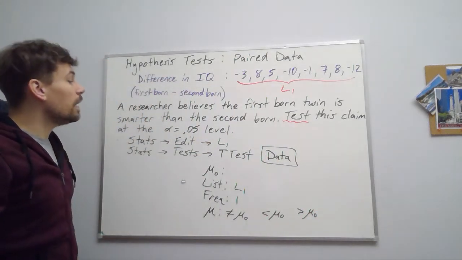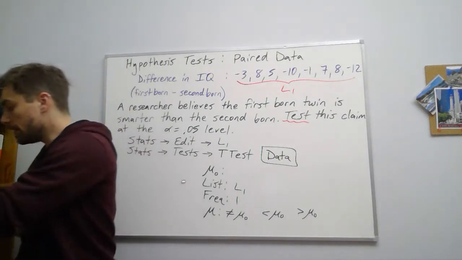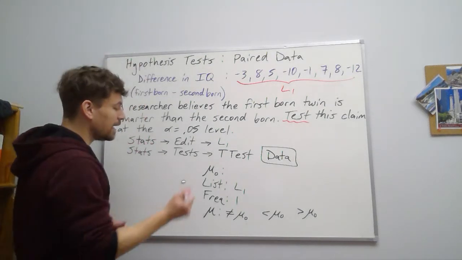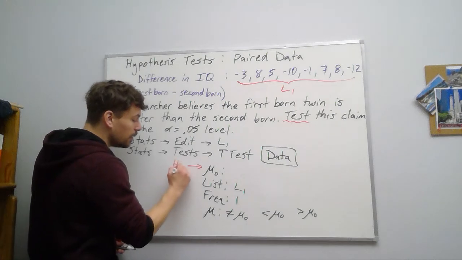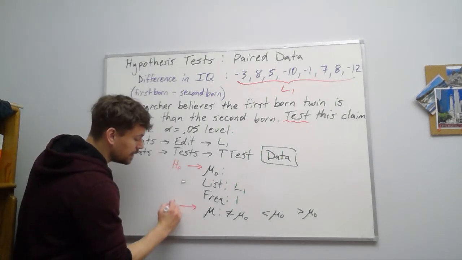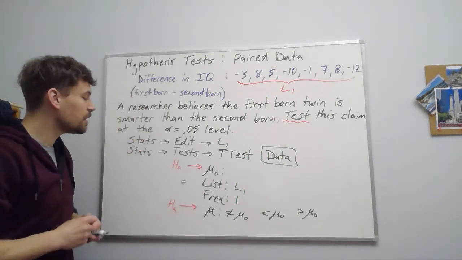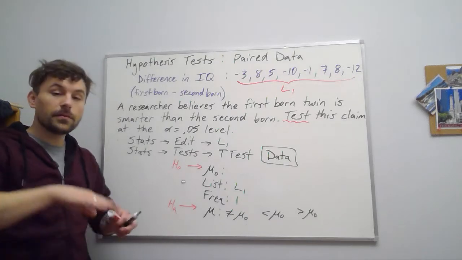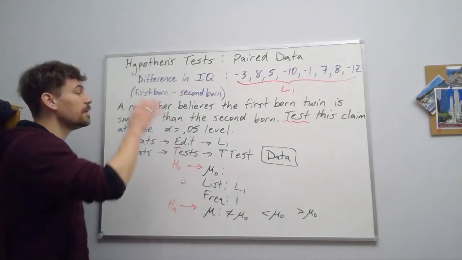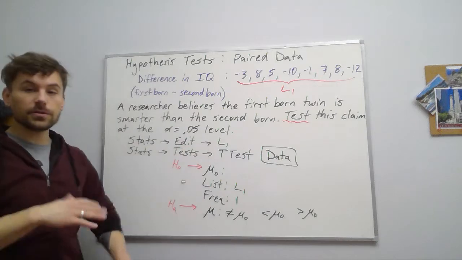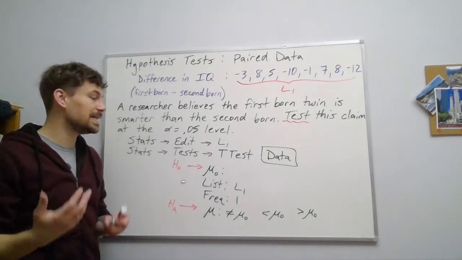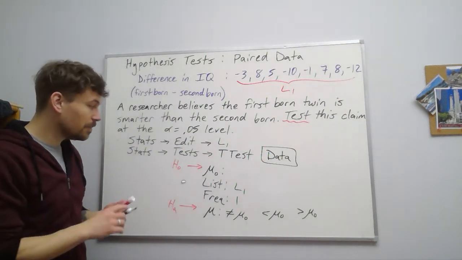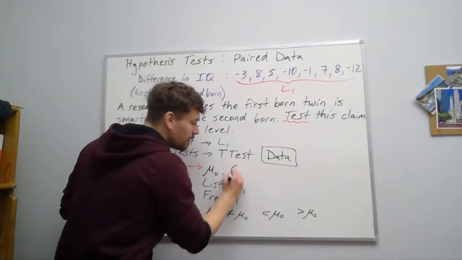Remember that the first part of this is acting like our null hypothesis, and the second part is acting like our alternative. The null hypothesis would be that there's no difference between the firstborn and the secondborn in their average intelligence. That would be a difference of 0.